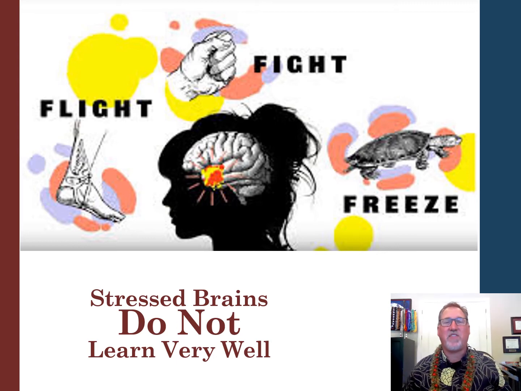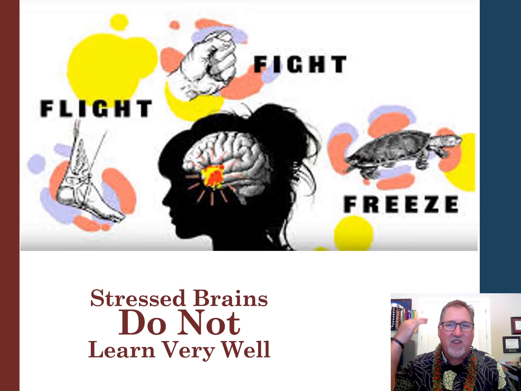And here's what happens when our amygdala is overactivated. What we're trying to have happen in class is we're trying to send information through our hippocampus and into short-term memory. But if the amygdala is too overactivated, if kids are too nervous about things, if they're not relaxed, and they go into fight, flight, or freeze mode, the amygdala will hijack the hippocampus.